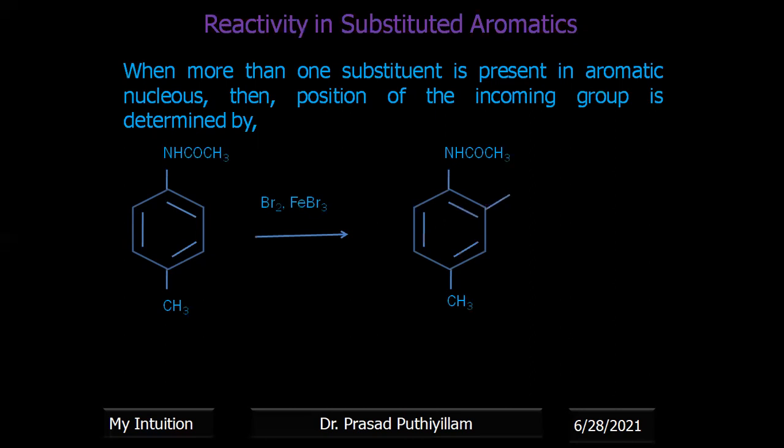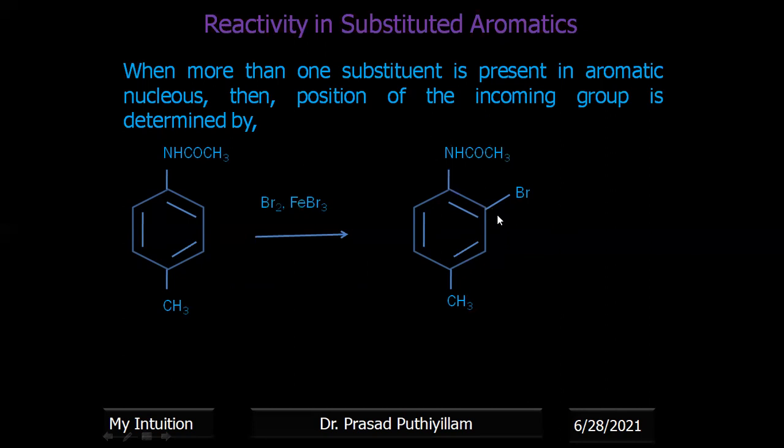it will give the product towards the bromine, because the CH3 group, alkyl group, its effect is overcome by the effect of NH. Therefore, the ortho position electron density is more. This position is meta to CH3, but ortho for NHCOCH3.